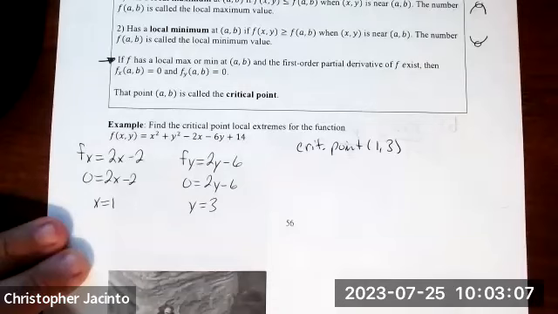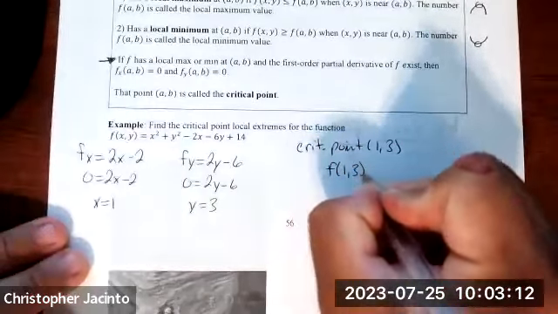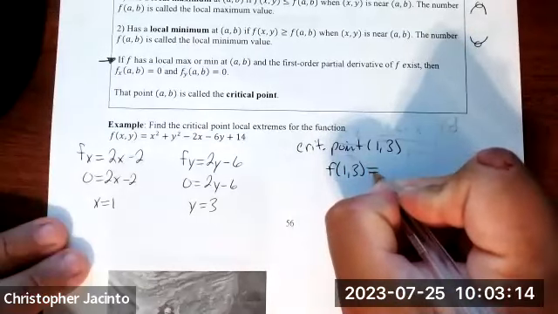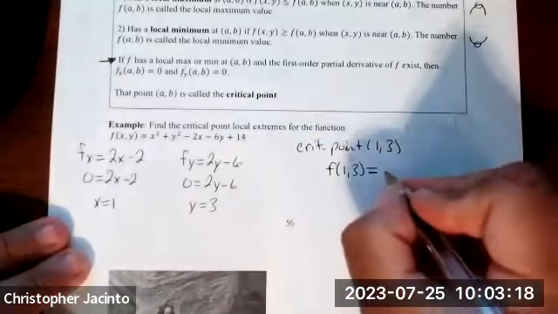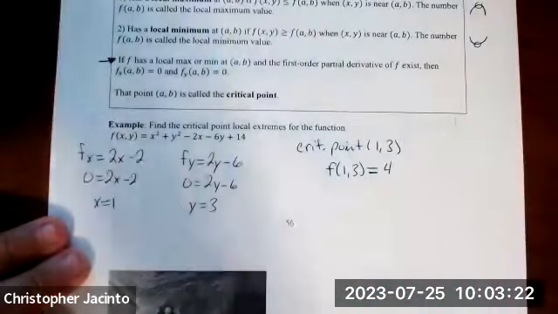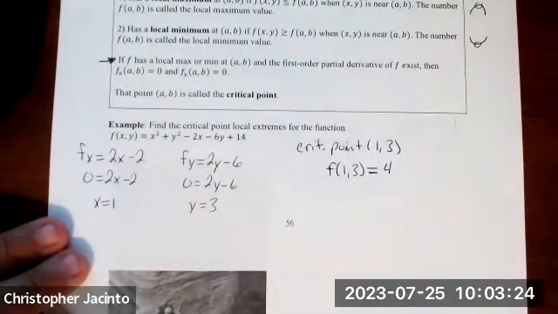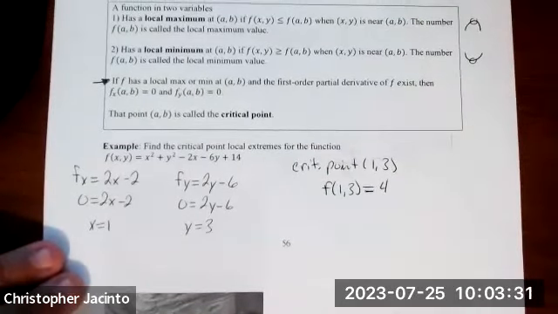Okay. So now we're going to plug in (1, 3) into our function and see what we get out. So plug it in everywhere, and you should get 4 out. Okay. And now all we're going to do is check, is it a local minimum or a local maximum?